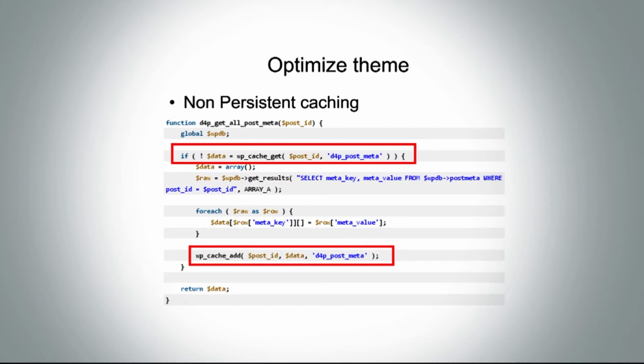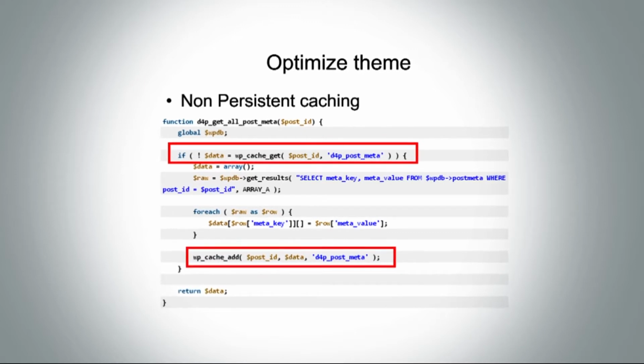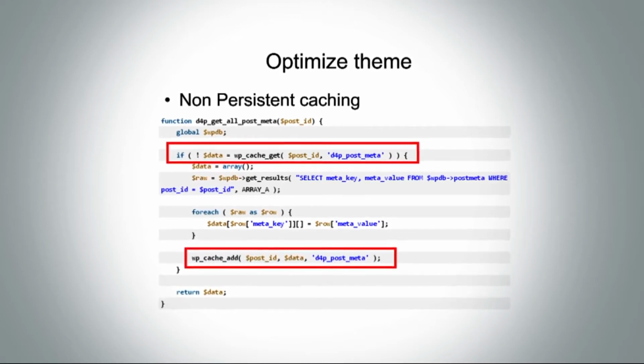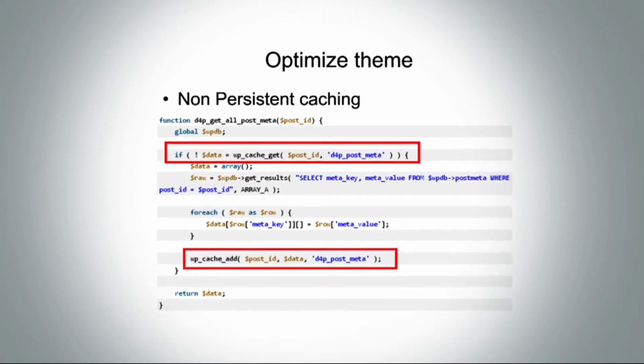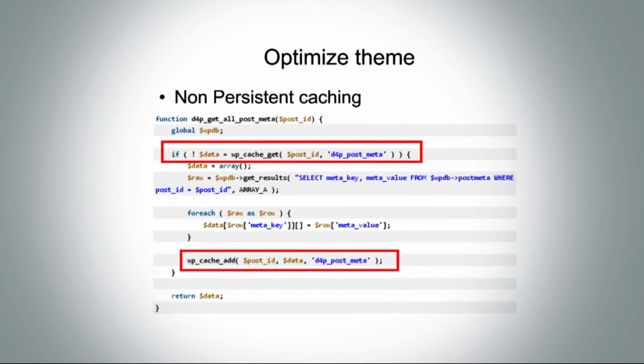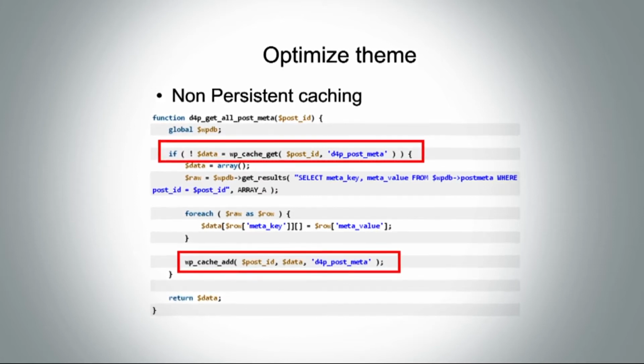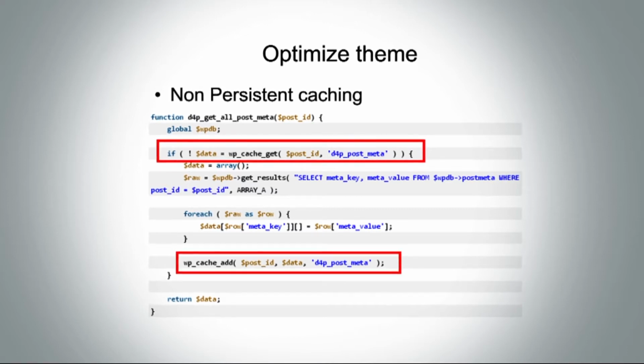Now one of the great things in a theme is caching. As we all know about caching, but how do we do caching? WordPress core itself provides two types of caching. One is non-persistent caching. Non-persistent caching means caching which remains only for that particular page and only in memory, so it is for a short period of time.